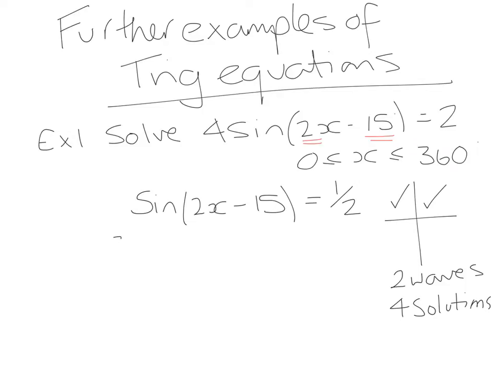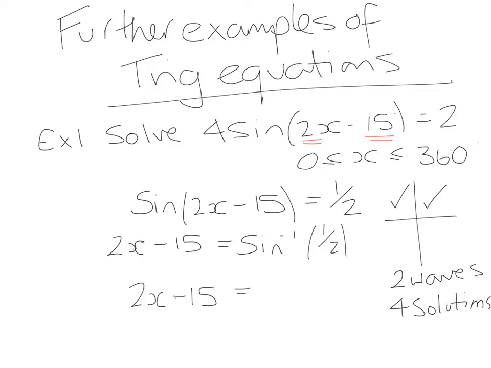So now we're going to take the inverse sine, but we've still got that 2x minus 15 on the left hand side. We've got sine to the minus 1 of a half, so we get 2x minus 15 equal to 30 degrees. And that's our quadrant 1 answer.